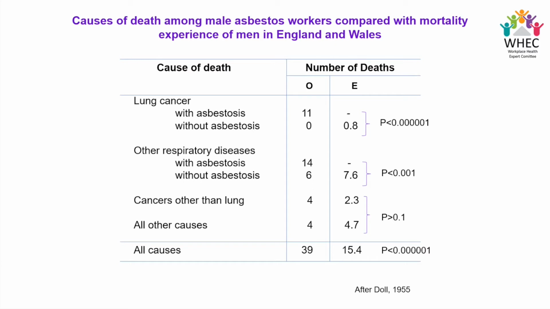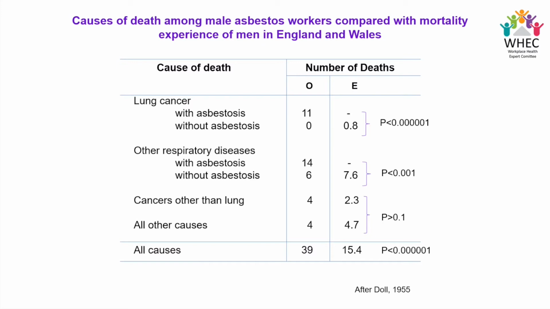So I'm going to now give 2 examples of interventions. The first is reduction in exposure to asbestos in reducing the risk of lung cancer mortality. This is the very famous study published by Richard Doll in 1955, which shows that the risk of lung cancer is some 15-fold greater in this population who were working in an asbestos textile factory in Rochdale compared to the local population, with 11 deaths occurring as compared to 0.8 expected.